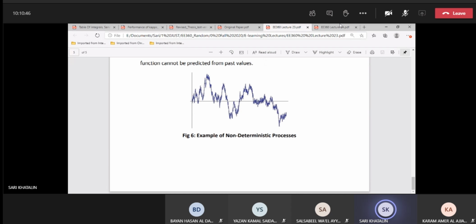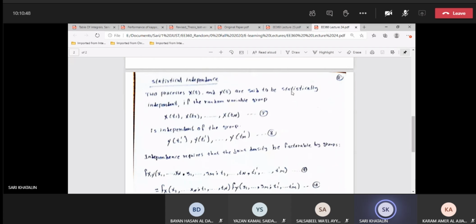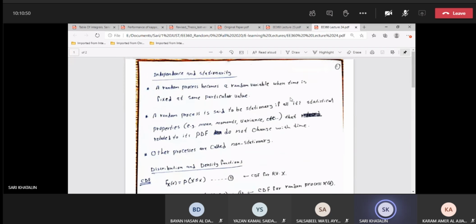Okay. The next thing we're going to talk about is something called independence and stationarity. As you can see here on the first page, a random process becomes a random variable when time is fixed at some particular value.